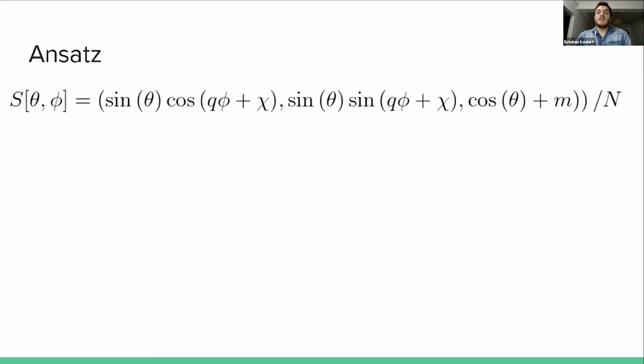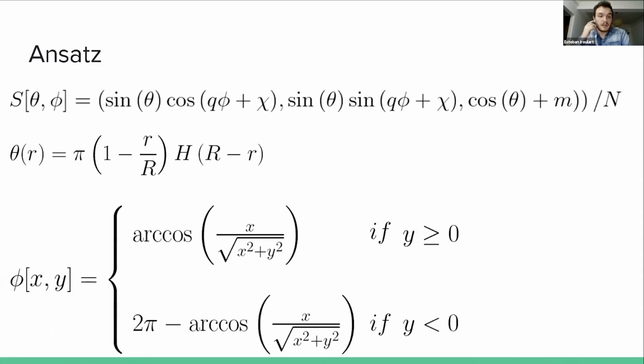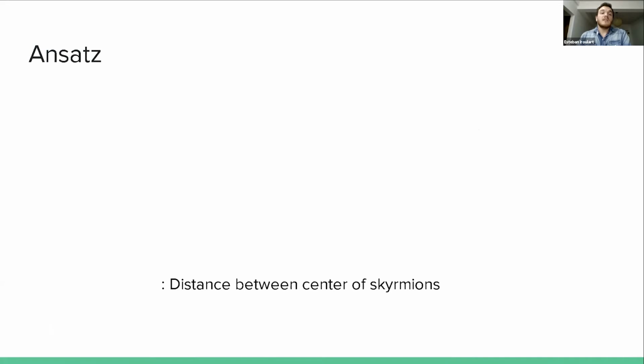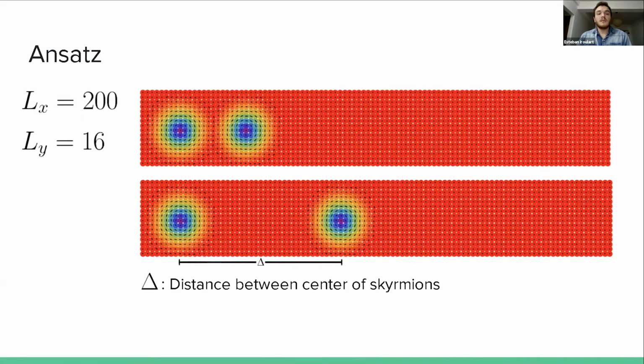For that, we used a series of numerical ansatz for the spin vector in spherical coordinates, as shown here, where the angles theta and phi have this behavior with the distance. We used a discrete lattice of 200 times 16 sites, where we put the skyrmions and separate them at a distance delta, and used this variable to characterize the energy, as it could be an important parameter here.